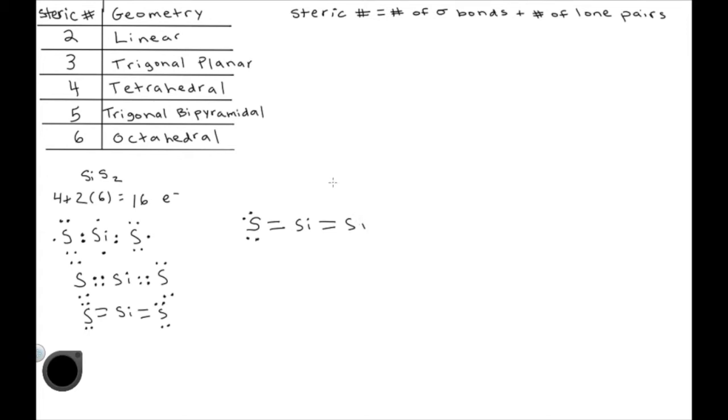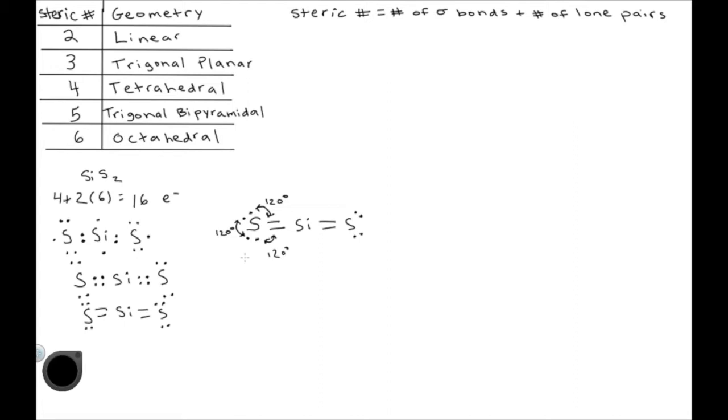Right, so now we have our other sulfur, and then around each pair of electrons, there's going to be 120 degrees of separation. So this is a more accurate representation of the Lewis structure of silicon disulfide.